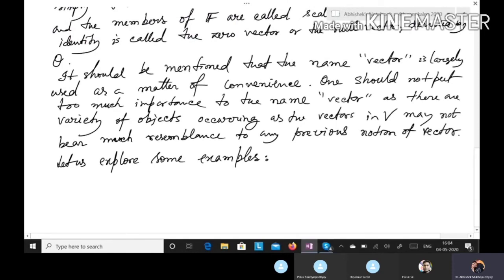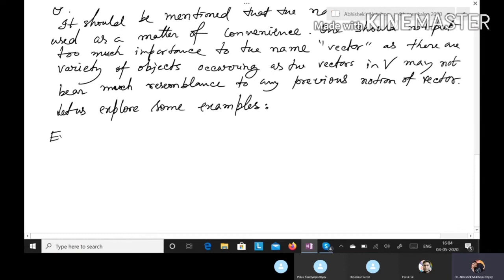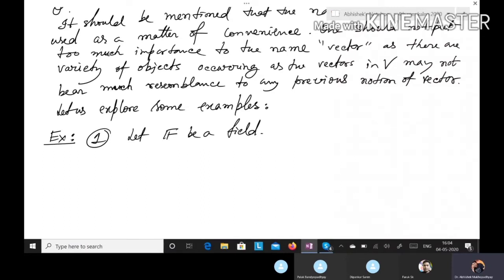So let us explore some examples. The first one. So first we consider any field, because we have already discussed many examples of fields.